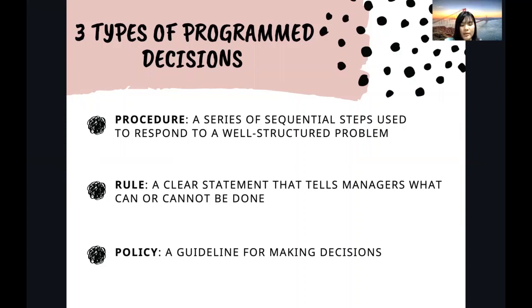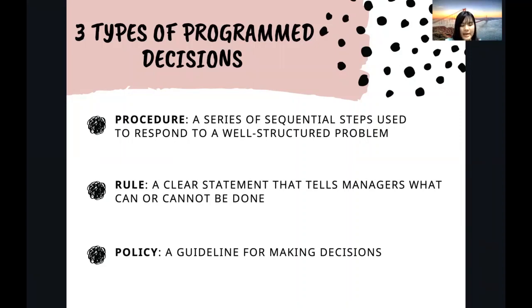The second is a rule, which is a clear statement that tells managers what can or cannot be done. For example, the rules about lateness and absenteeism permit supervisors to make disciplinary decisions fairly and rapidly.